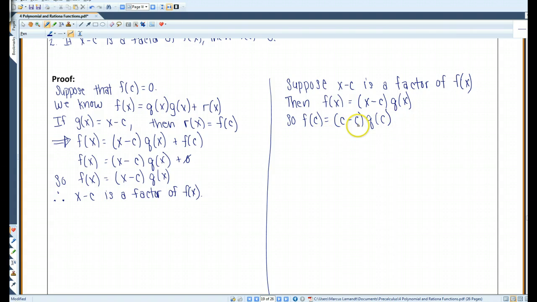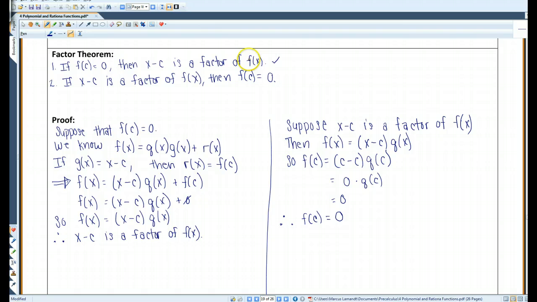Okay, obviously c minus c is just 0. 0 times anything is 0. Therefore, f of c equals 0, which is what this says. Okay, so we've proven it both ways.